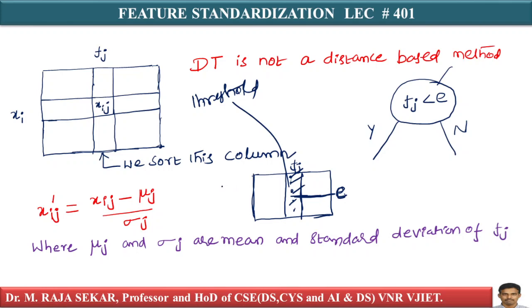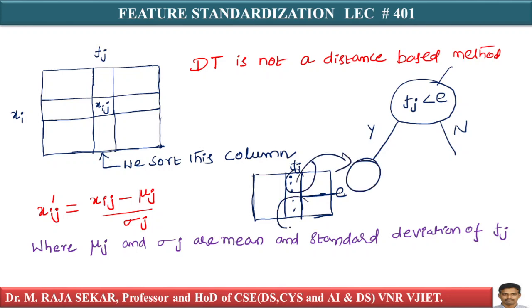If E is the threshold, those points which are less than E will go to the left hand side, and those points which are greater than E will go to the right side.